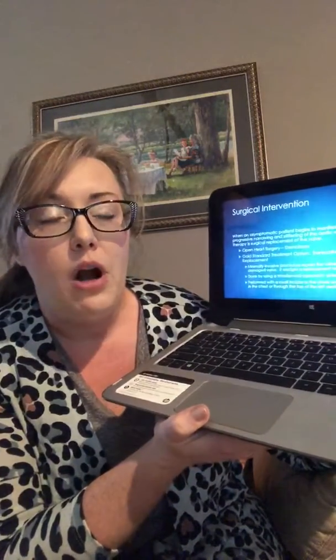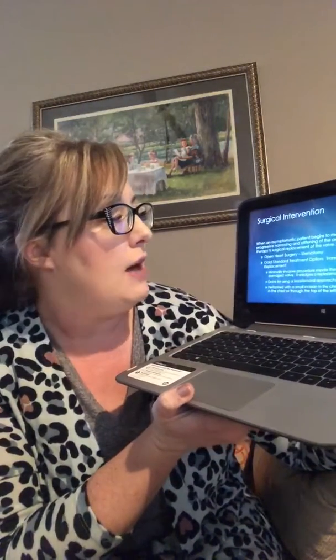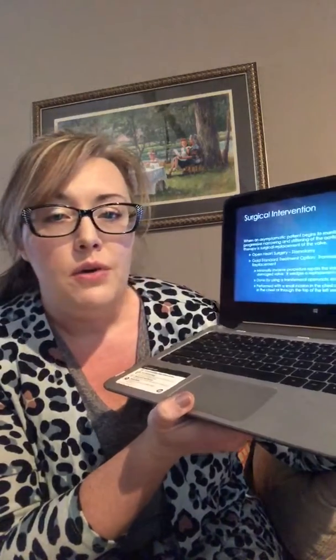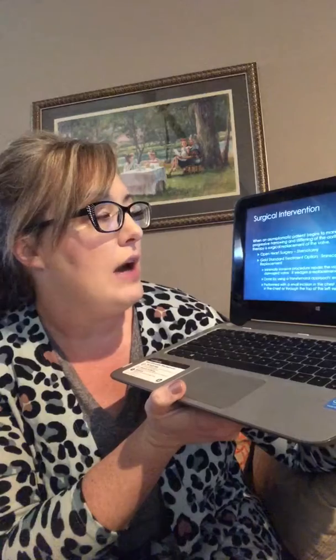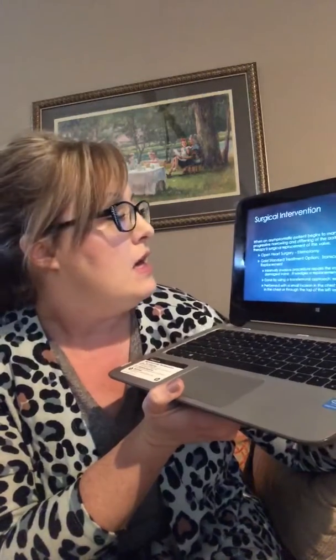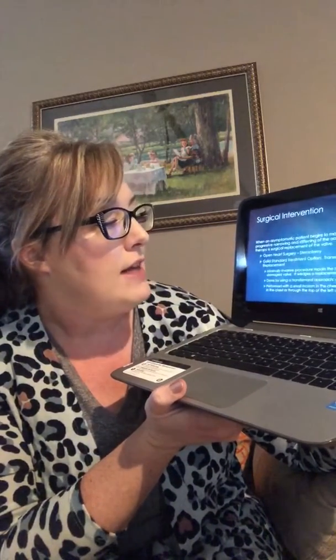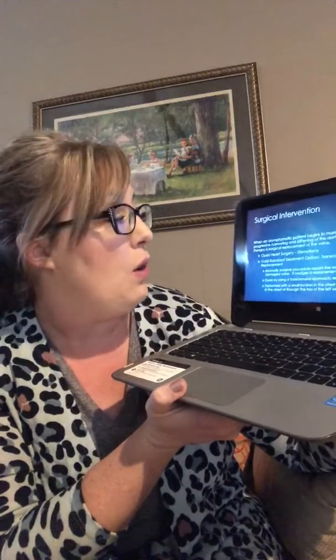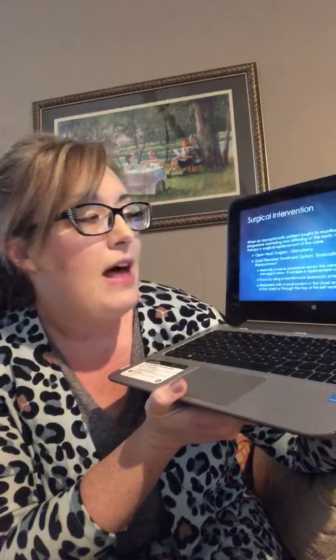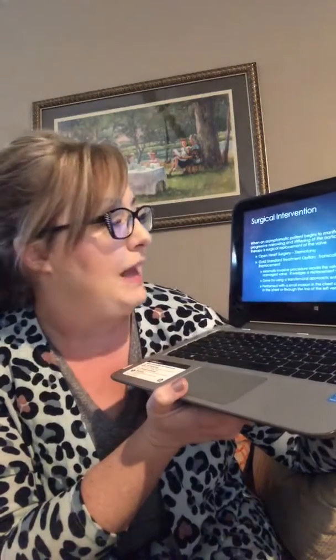There is open heart surgery, which requires a sternotomy, but there's also the gold standard treatment option, which is transcatheter aortic valve replacement. This is a minimally invasive procedure that repairs the valve without removing the old damaged valve. It wedges a replacement valve into the aortic valve's place.